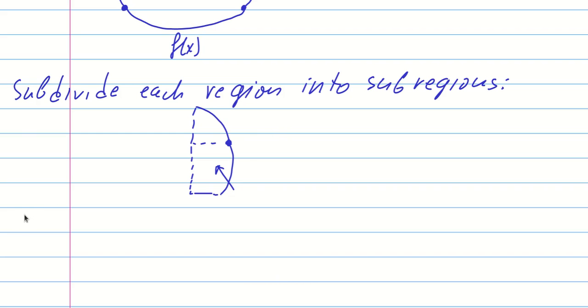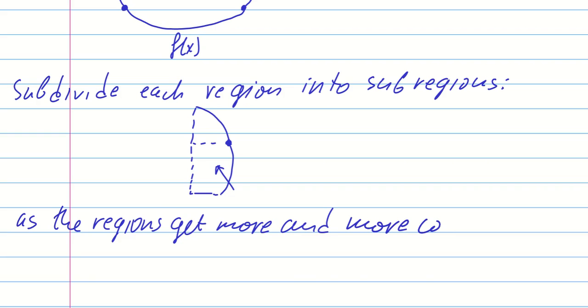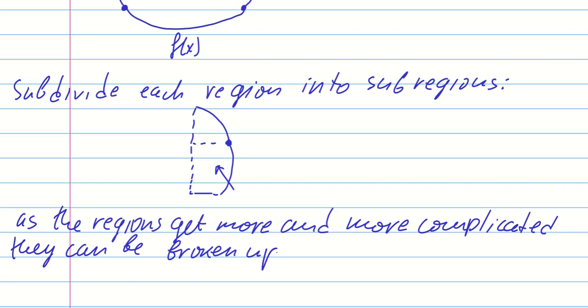So basically, the conclusion is the regions get more and more complicated, they can be broken up into more and more easy pieces.